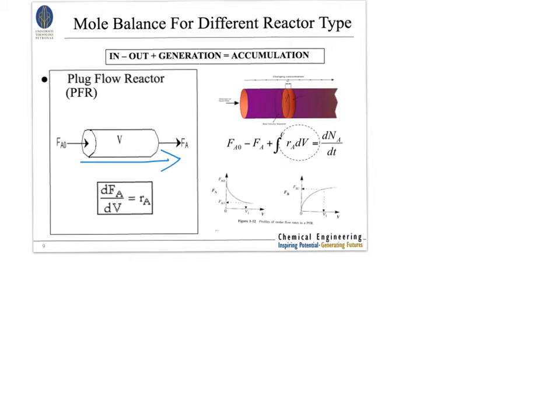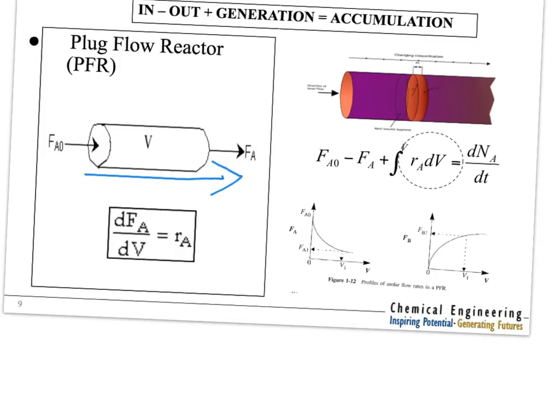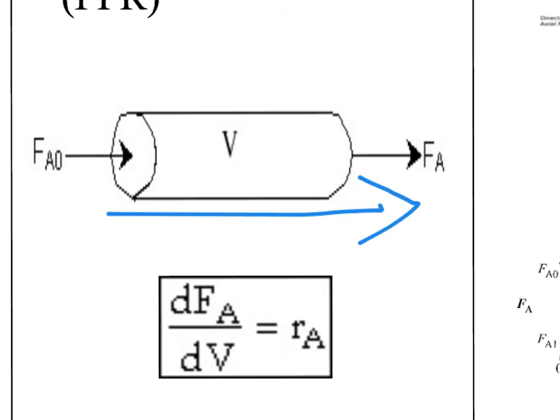Since the reaction rate will vary in the axial direction, we divide the PFR into very small sections so that the delta V of the reactor is very small, and there is no spatial variation of the reaction rate within this specific volume.